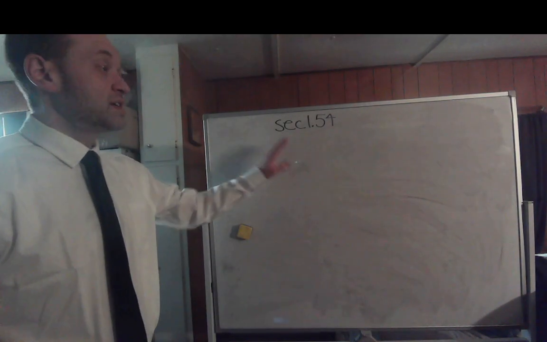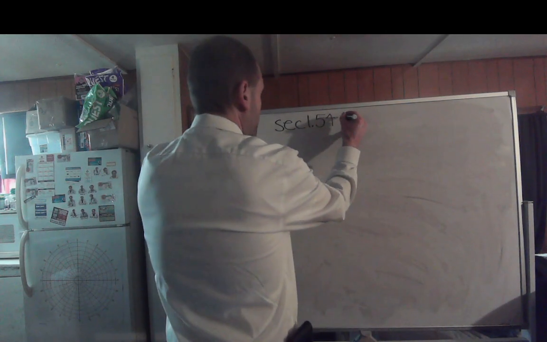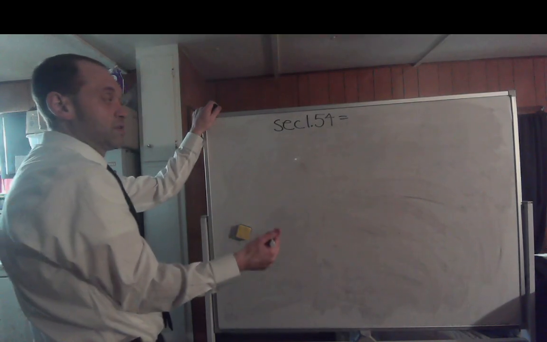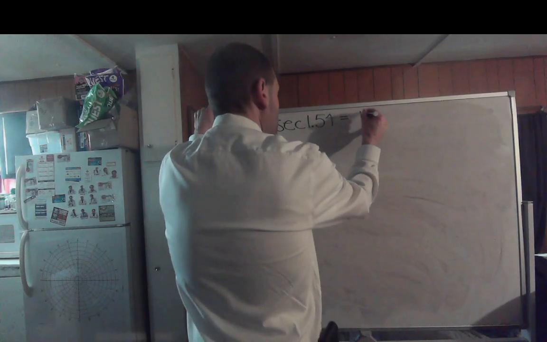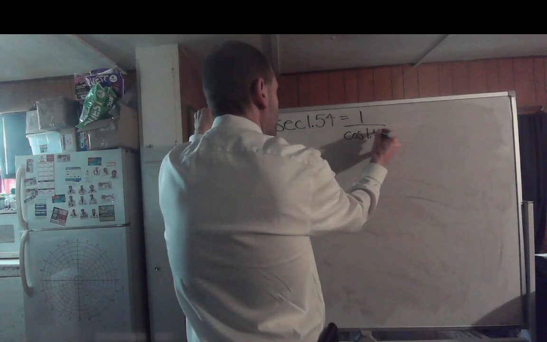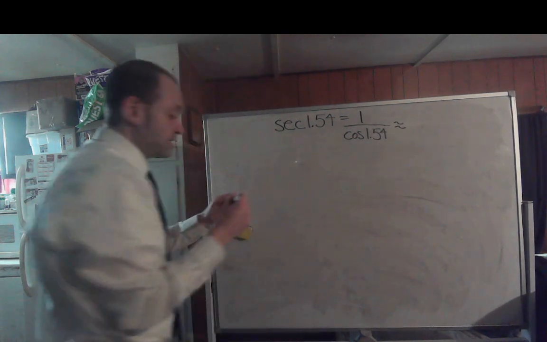So your calculator does not have a secant button, but it has a cosine button. We know this is the reciprocal of the cosine function. So you could take 1 over the cosine of 1.54 radians, and then you can get a decimal approximation.